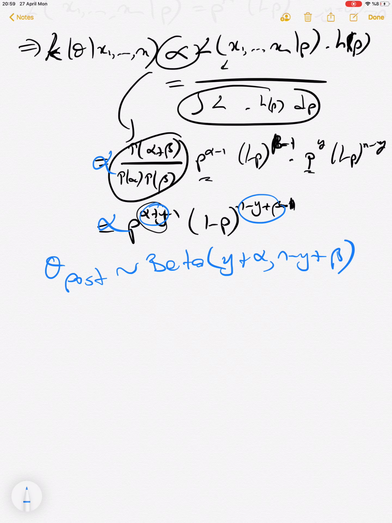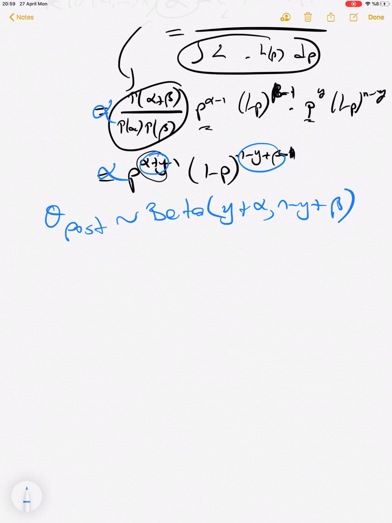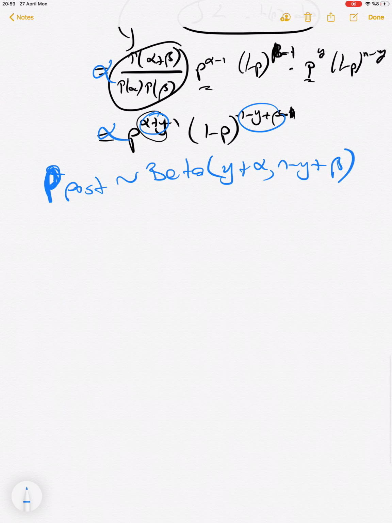Okay, so this will be the posterior distribution, and if you want, we can get the expectation of the posterior distribution. I used theta here, but it should be p, sorry about that. So then we can find the conditional expectation, or just the expectation of the posterior distribution.